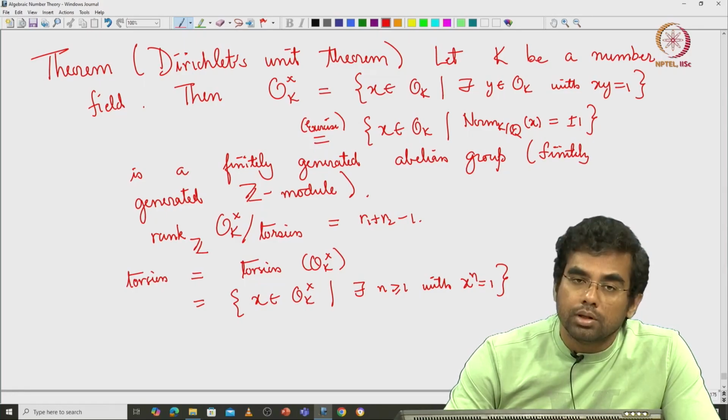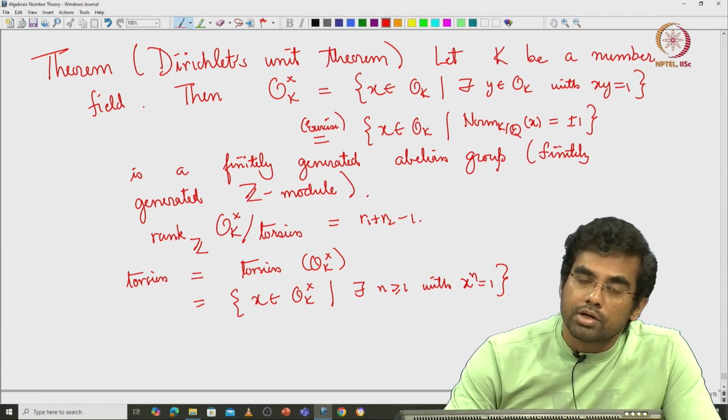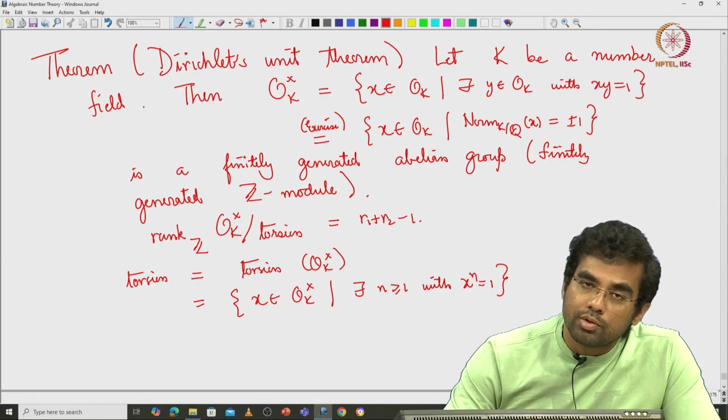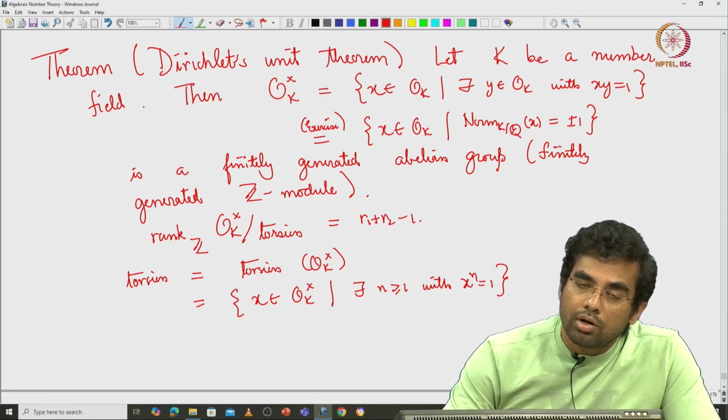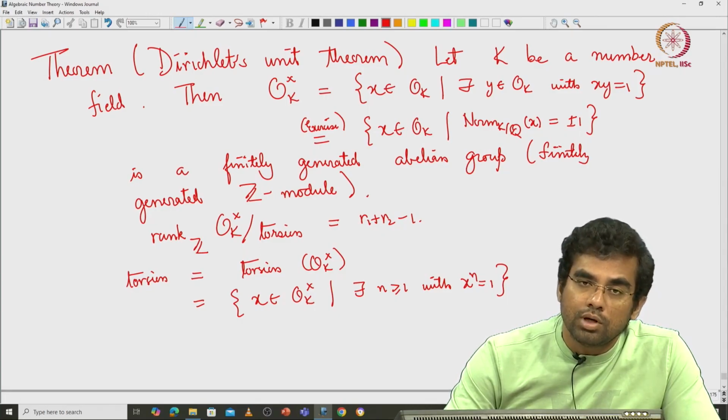For example, there could be infinitely many torsion points, infinitely many roots of unity in K, and that would mean that O_K cross will not be finitely generated. Or it could have infinitely many non-torsion points as well. A priori, neither of them is ruled out just because O_K cross sits inside O_K.